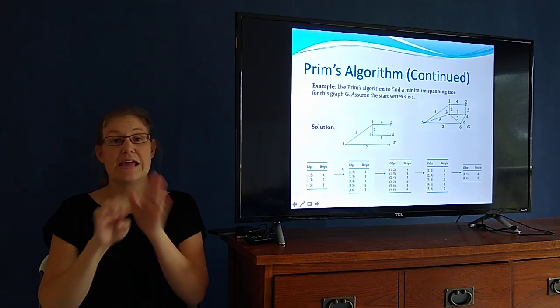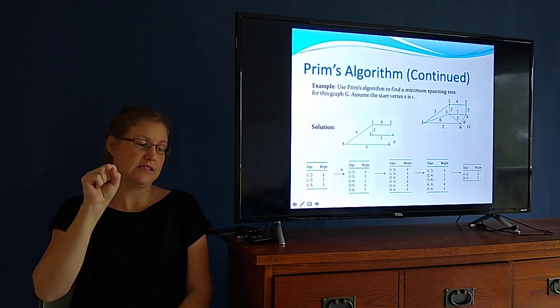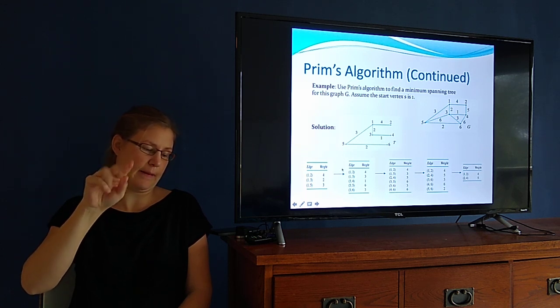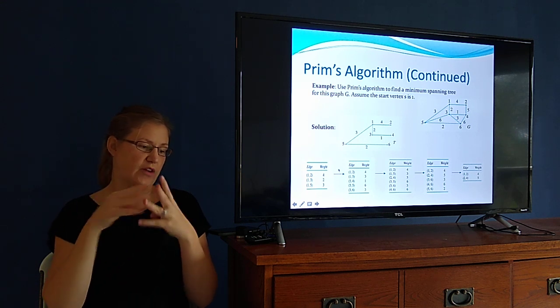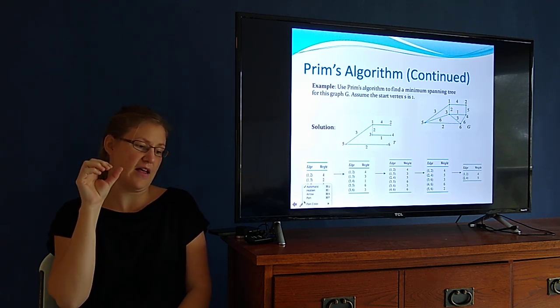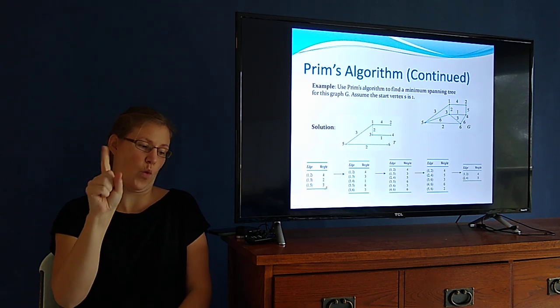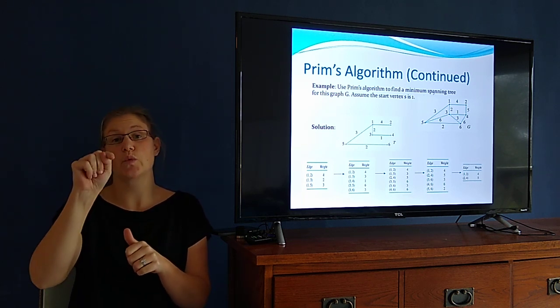Example: use Prim's algorithm to find the minimum spanning tree for this graph. Assume the start vertex is 1. So first, the root vertex is given, which is 1 here.